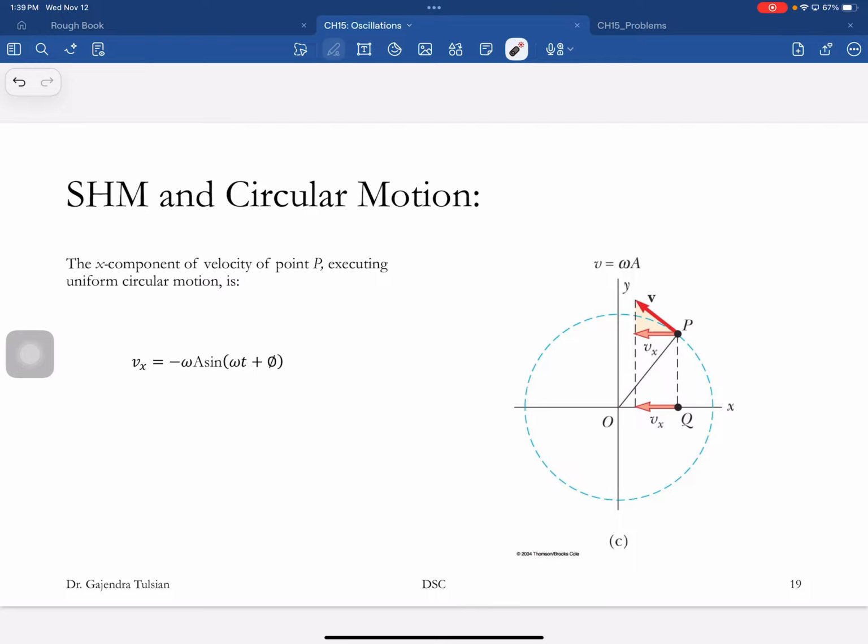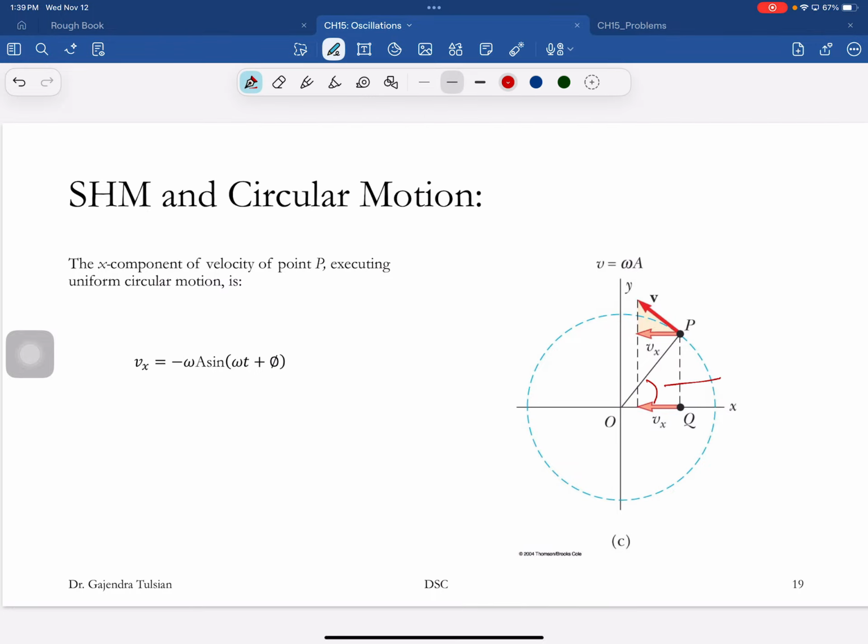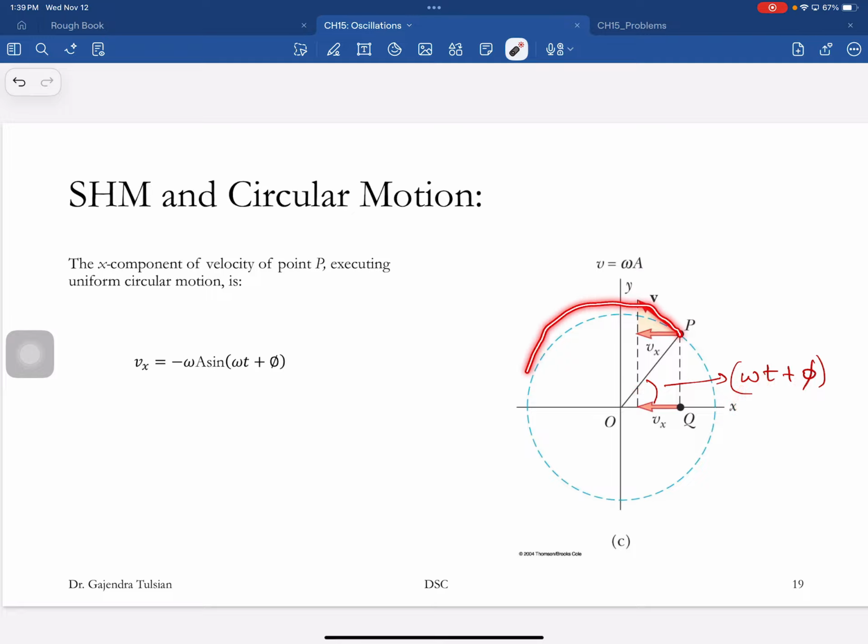And if this angle is ωt + φ, what does this mean? φ is the angle at time t equal to 0, ω is the angular speed, and as time is increasing, this angle is increasing. So this guy is going around the circle. This angle is equal to that angle, and this angle is 90 minus this angle. So this velocity is v times cosine of this angle. So anyway, it all works out to this.